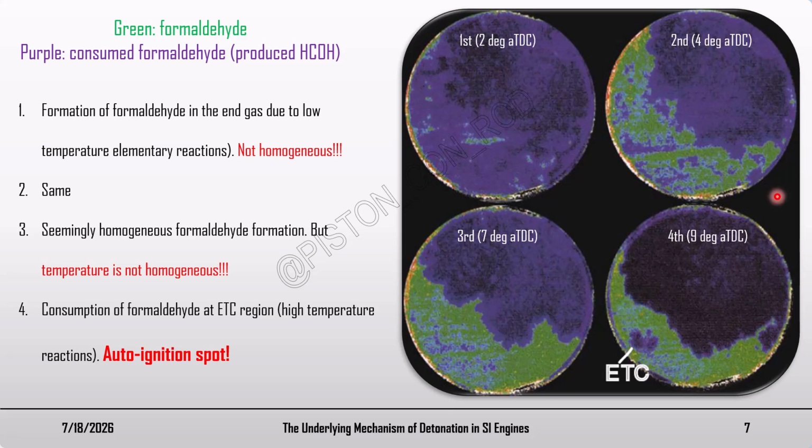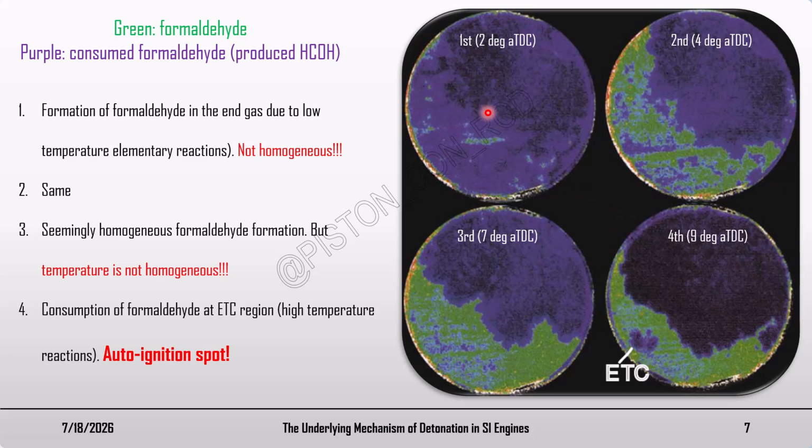Okay, so this picture demonstrates the mechanism of autoignition in the end gas. As you can see, there are four different sequences of combustion in these images. The first one being 2 degrees after top dead center, the second one 4, and then 7, and finally the fourth picture 9 degrees after top dead center.